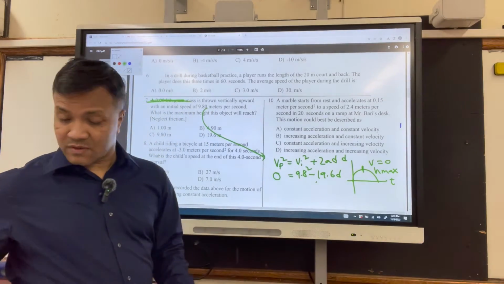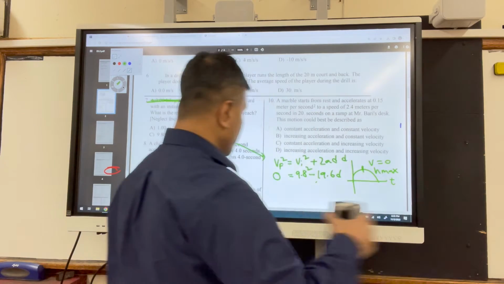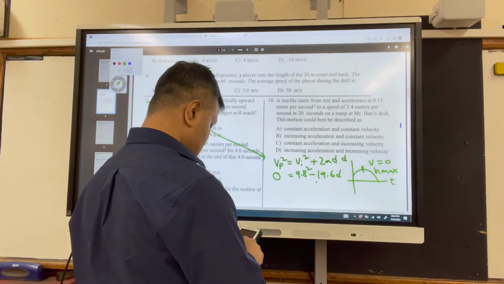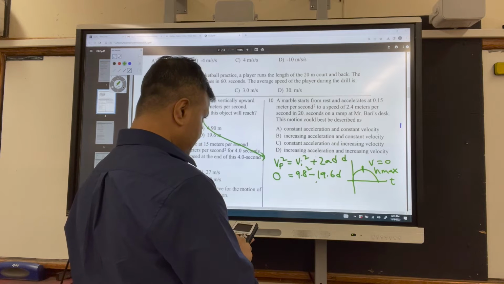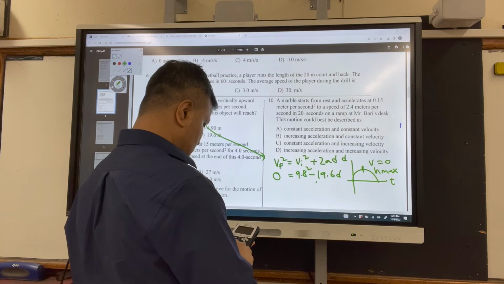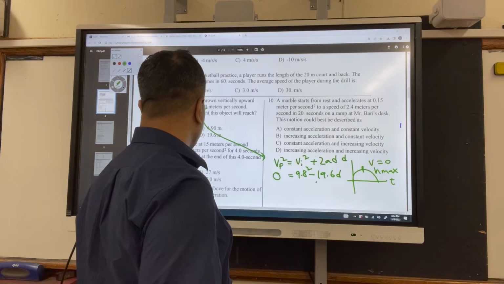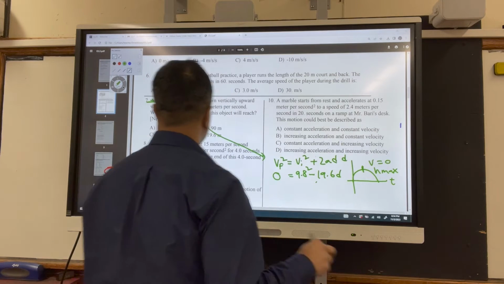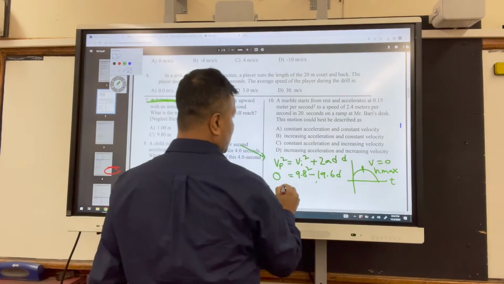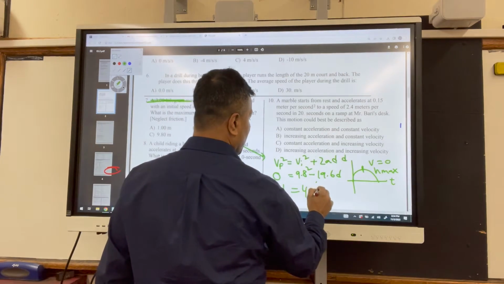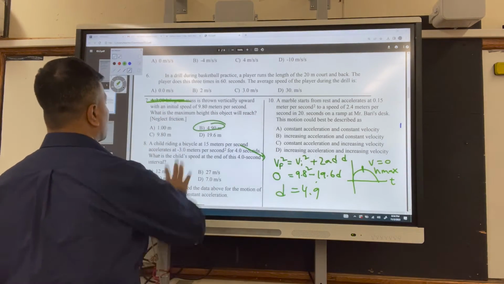Where is my calculator? 9.8 squared divided by 19.6, and that is 4.9. So the answer is 4.9. Okay, good. So 4.9 D is equal to 4.9. Maximum height is 4.9. Okay, good.